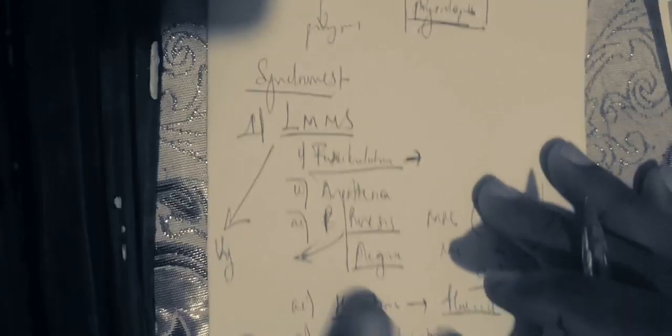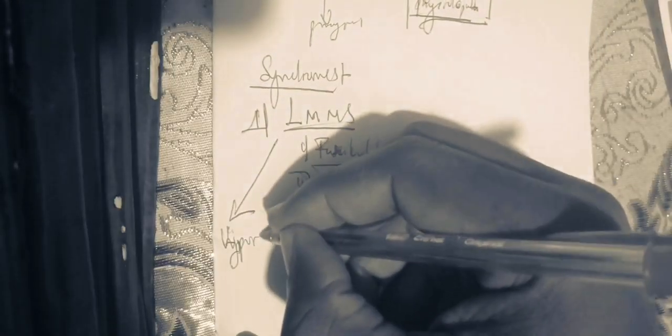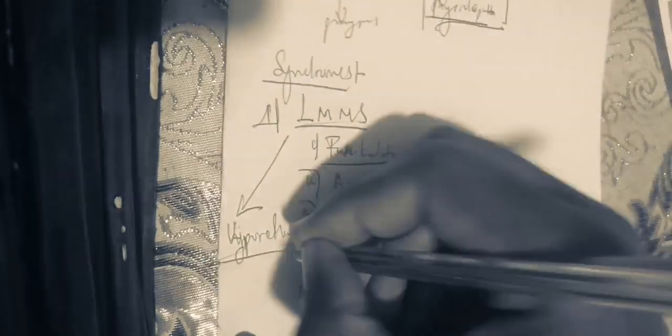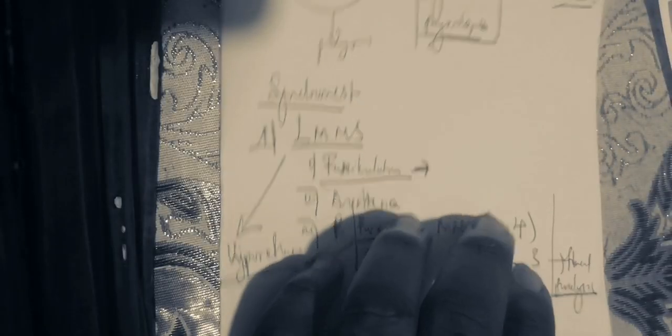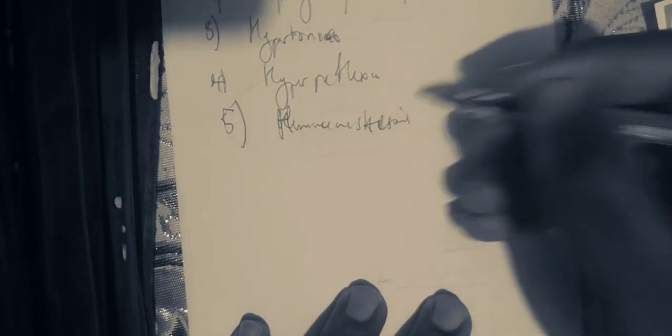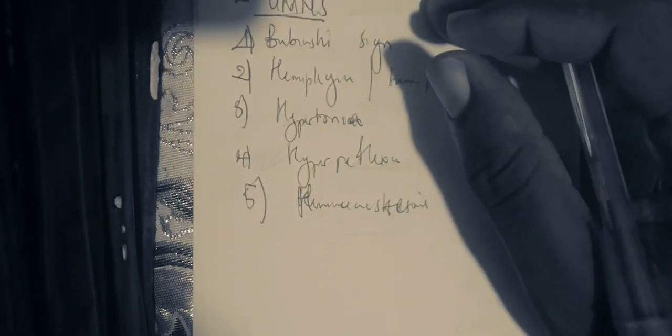In lower motor neuron syndrome, the reflexes are instead hyporeflexia. Is it clear? While in upper motor neuron syndrome, the reflexes are hyperreflexia. We have also hemianesthesia. So those are the elements of upper motor neuron syndrome.